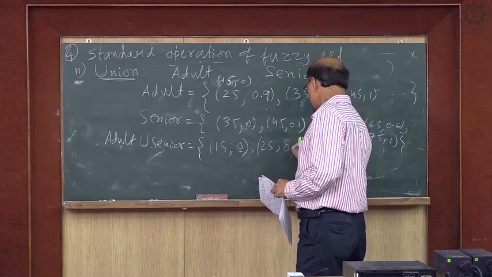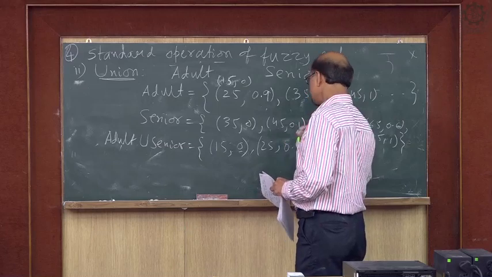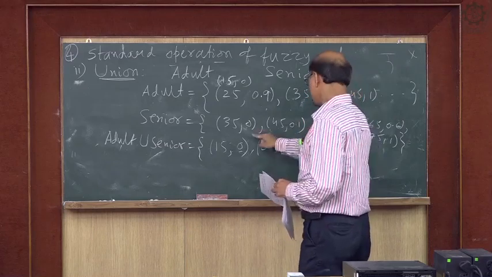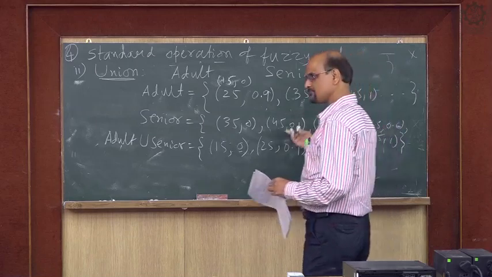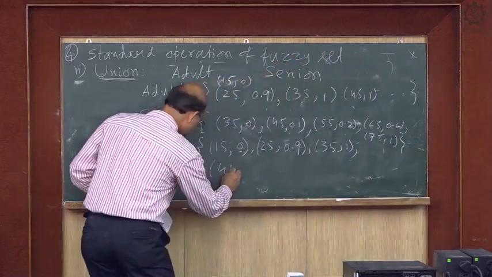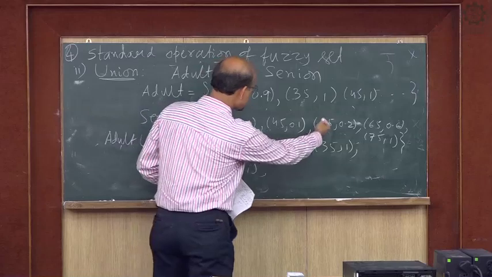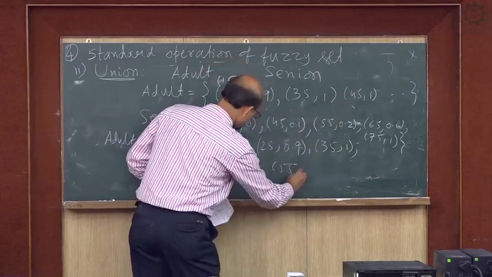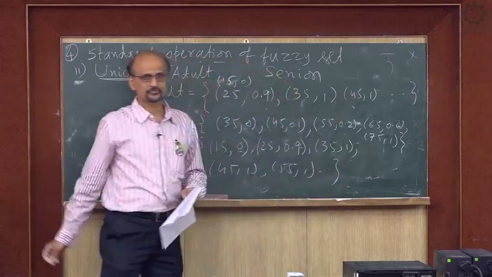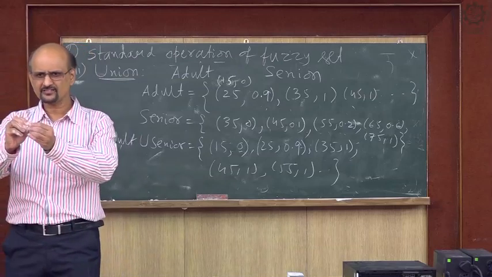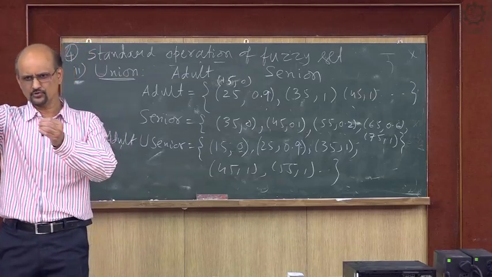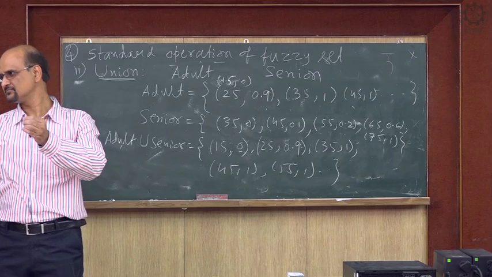So, I will take 0.9, 35 it is 1, okay, 45 1. So, you are understanding what is happening. Similarly, 55 1, like that. Very simple to find union, just take, for different x, maximum of mu A bar and mu B bar.